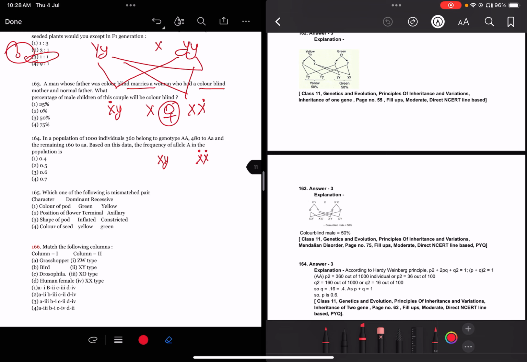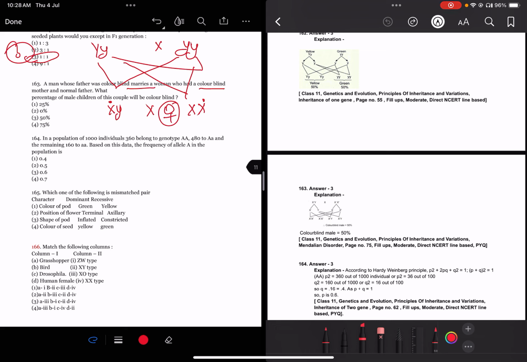You can understand, this is an X-linked recessive character, and the recessive trait appears only when both X chromosomes carry the recessive allele.